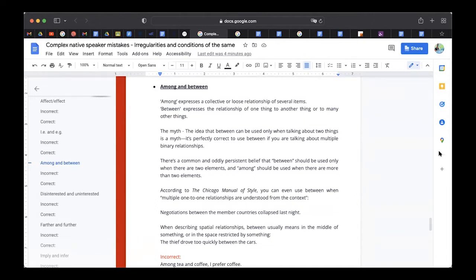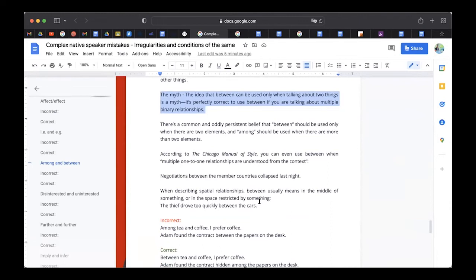Whereas between, it is a myth that between can only be used between two things. That is not true. Between can be used to express a relationship between one thing and another thing, but that another thing could also be many things. It's not that it has to be only two.